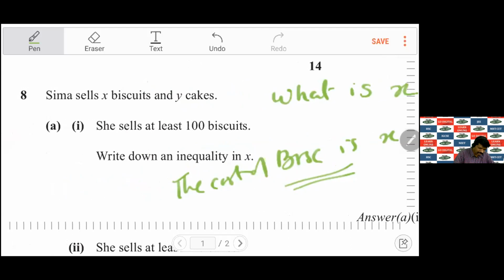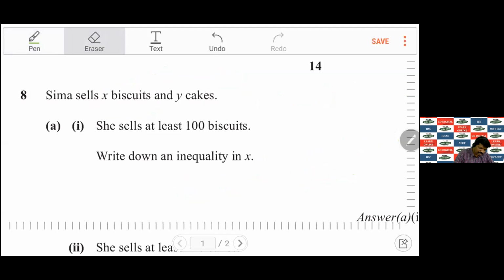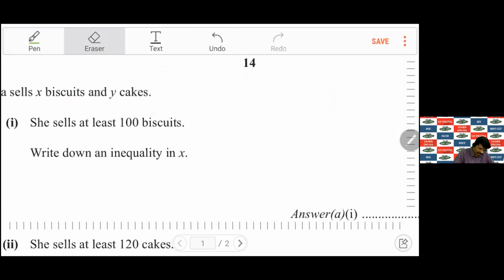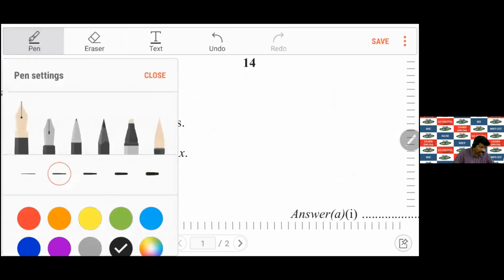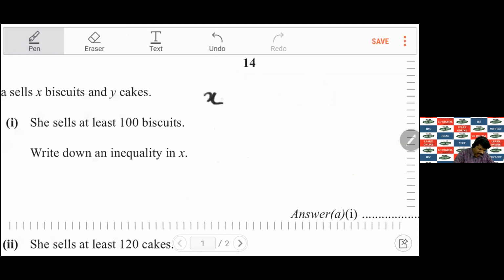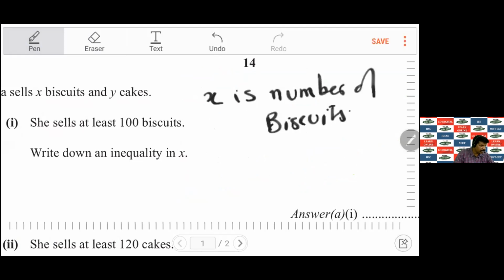So Seema is buying X biscuits, it might be 2 biscuits, might be 5 biscuits, might be 10 biscuits, something like that. So X is the number of biscuits. Right?